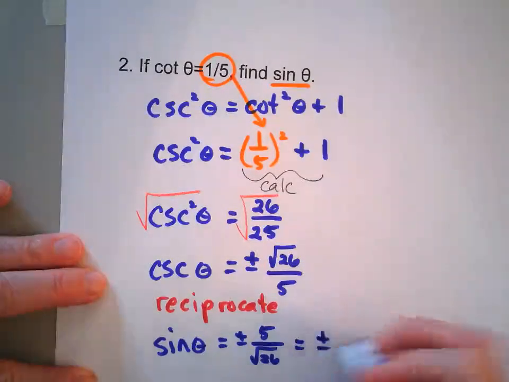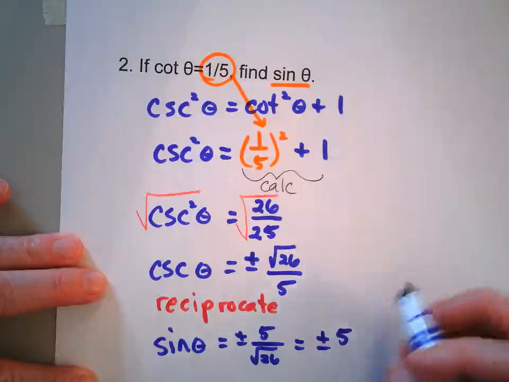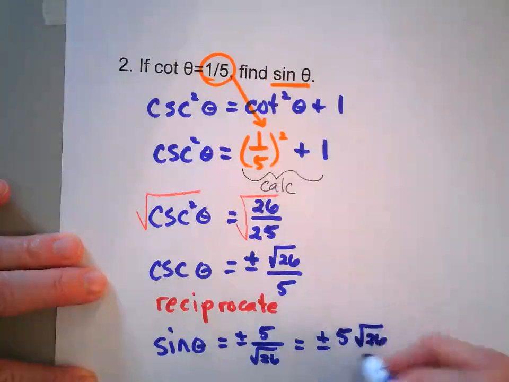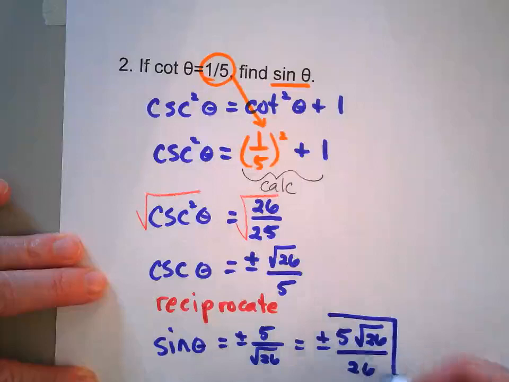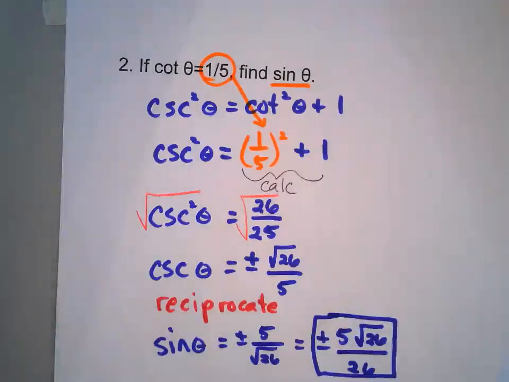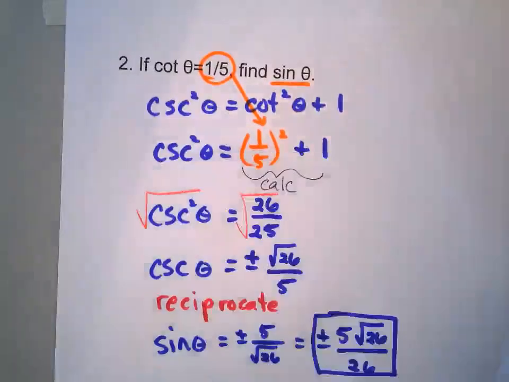So that will be 5 square root 26 over 26, and there it is. That is the sine. So I hope you know how to use your calculator, how to reciprocate, how to rationalize denominators. Okay, all that's going to be helpful. I don't have a graphing calculator at home, so I have to use the TI-36X Pro. All right, third problem. Then I'm going to end this video and start a new video on simplifying.